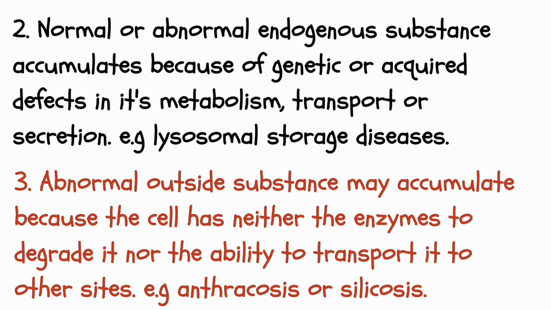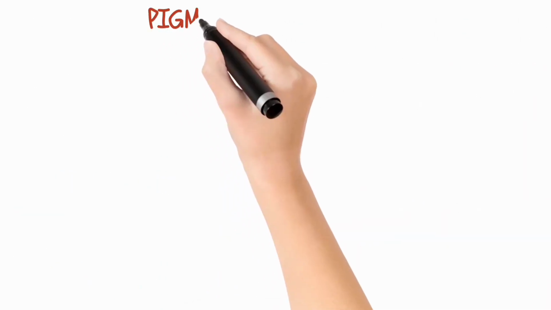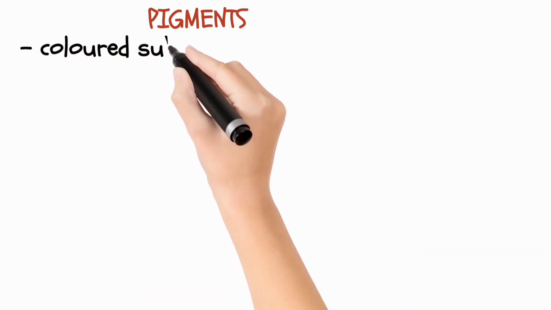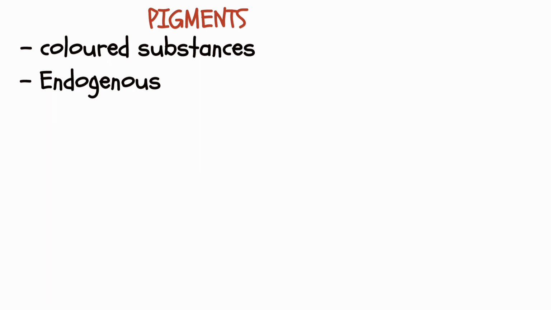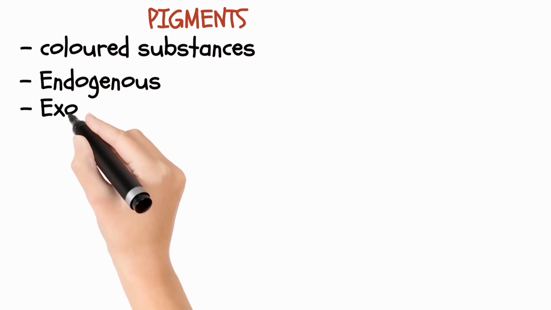Let's look at pigments. Pigments are colored substances. They are either endogenous, that's synthesized within the body of the animal, or exogenous, that's coming from the outside.